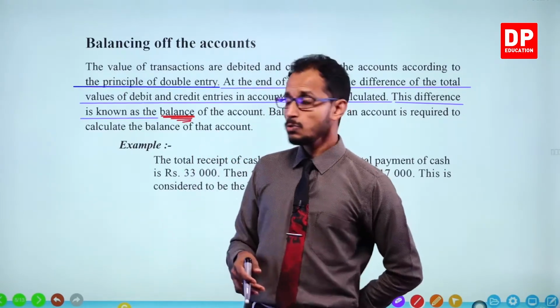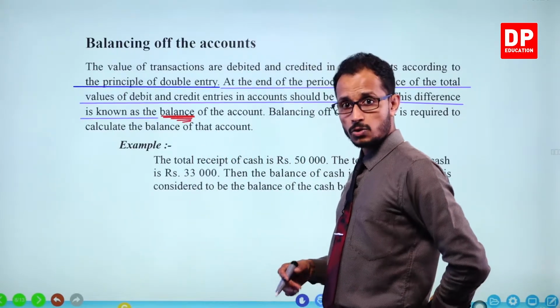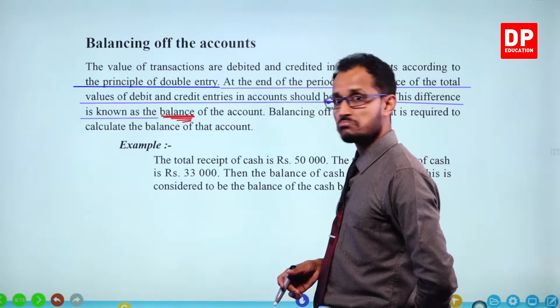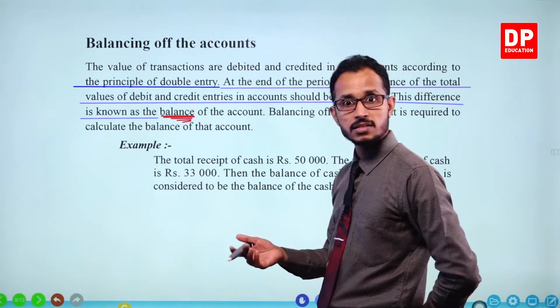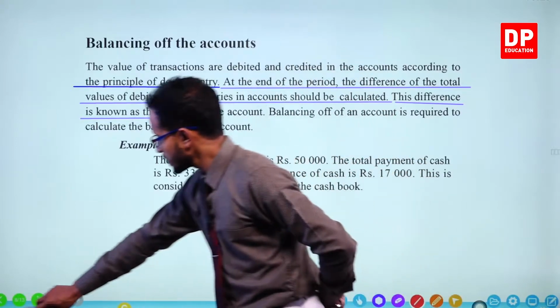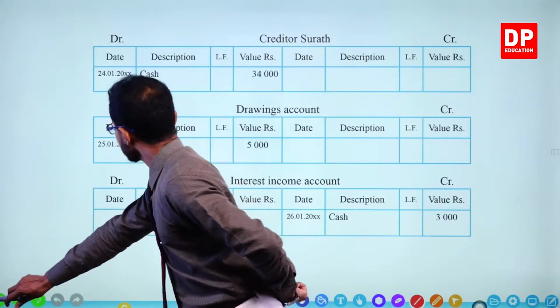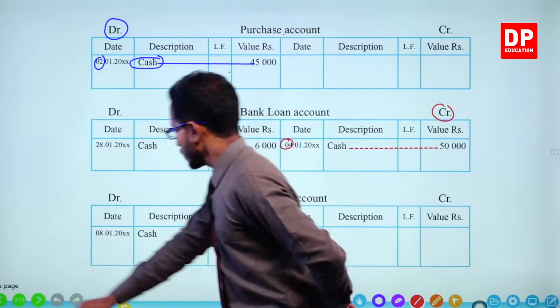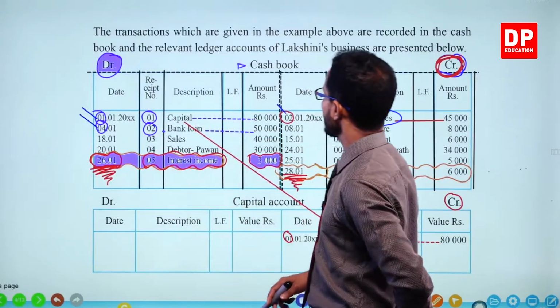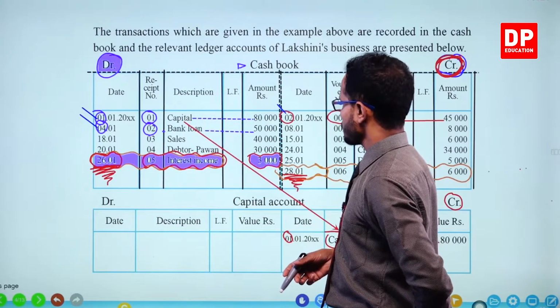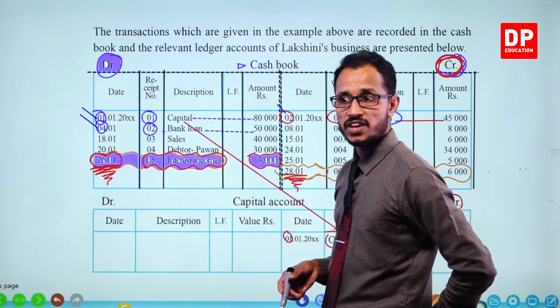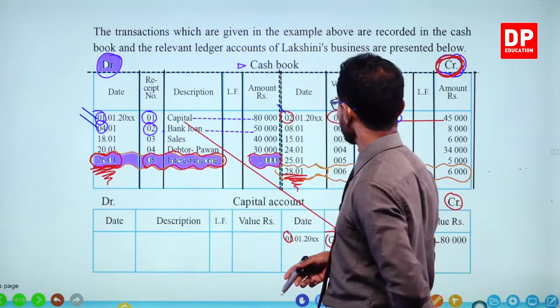Let's see how to balance. Let's balance a cash book. All right. Let's balance our same cash book which we have been dealing with.